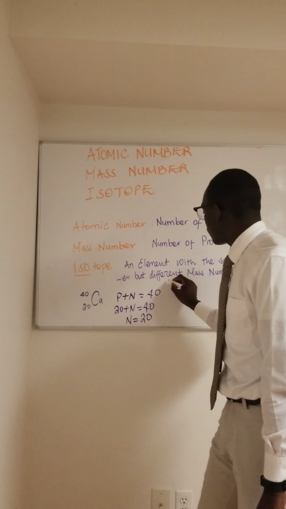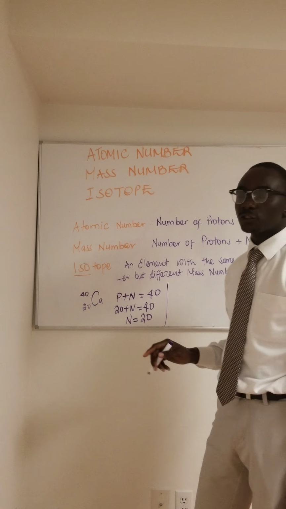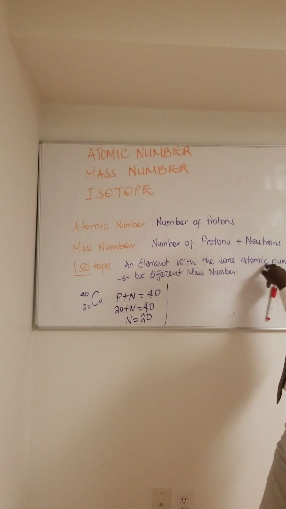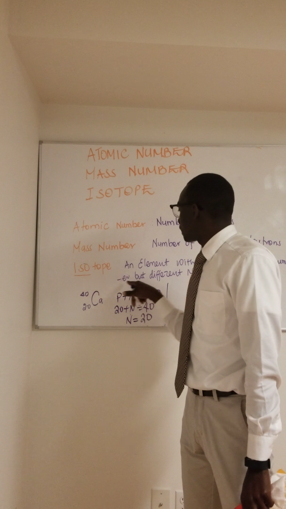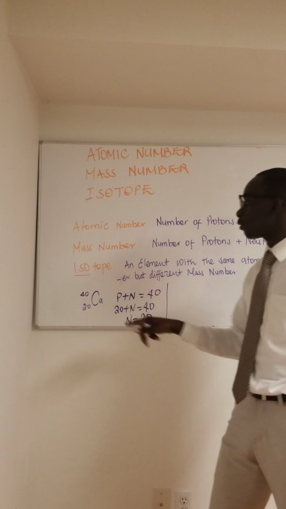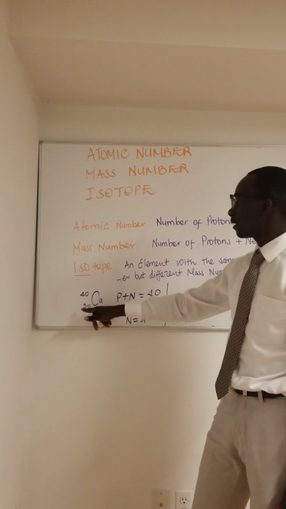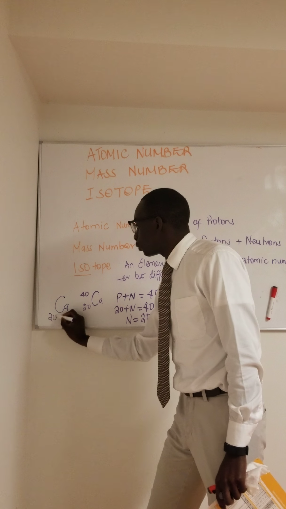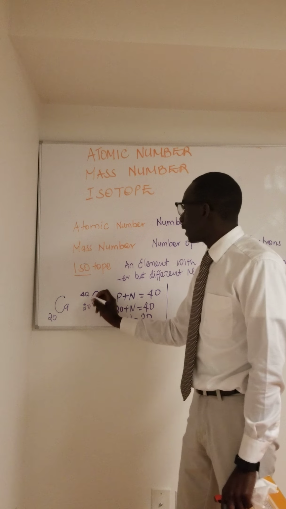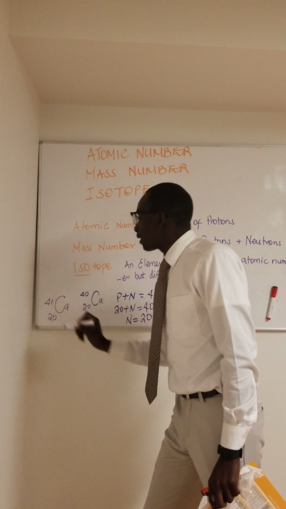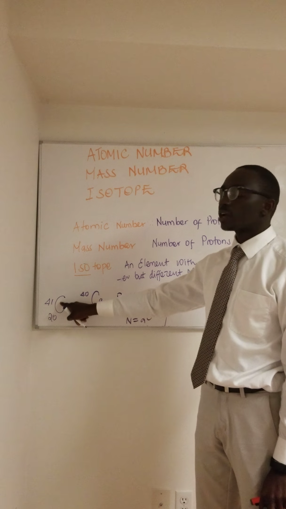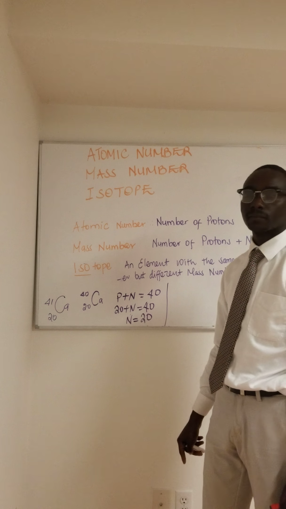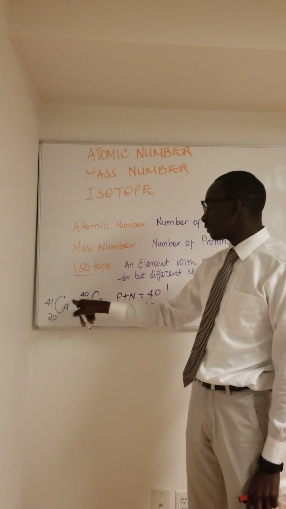On the other hand, when you look at isotopes, the word iso means similar. So they have the same atomic number, but they differ in mass numbers. For example, calcium can exist as calcium 20, because 20 identifies calcium, and calcium 41. This means that this type of calcium has one more neutron than this calcium.